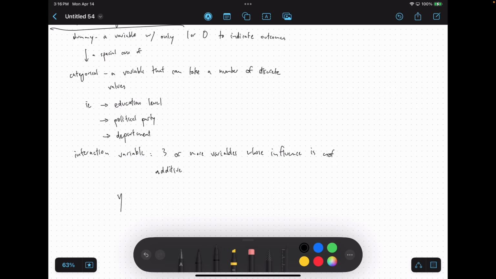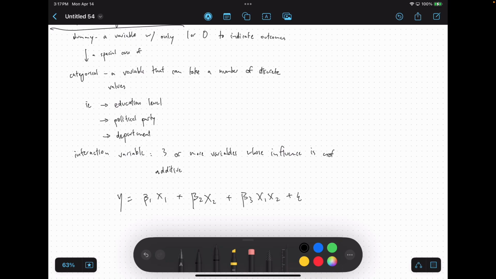So you might think of something like y equals beta 1 x1 plus beta 2 x2 plus beta 3 of x1 times x2. Okay. And in this case, the influence of x1 and x2 on y is not just additive, but the product of these two, which we call the interaction term, also has an influence on y.